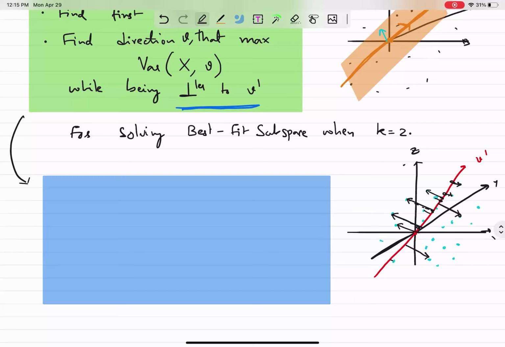So what does that mean? Idea 2 would still be: find the first principal component, v1.